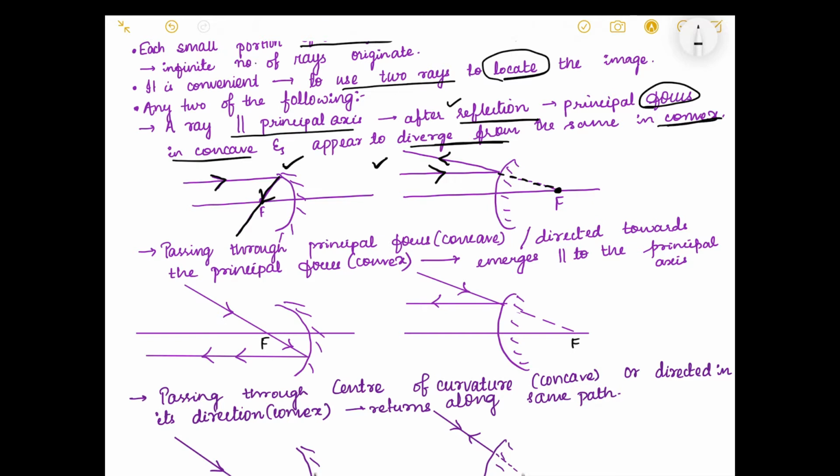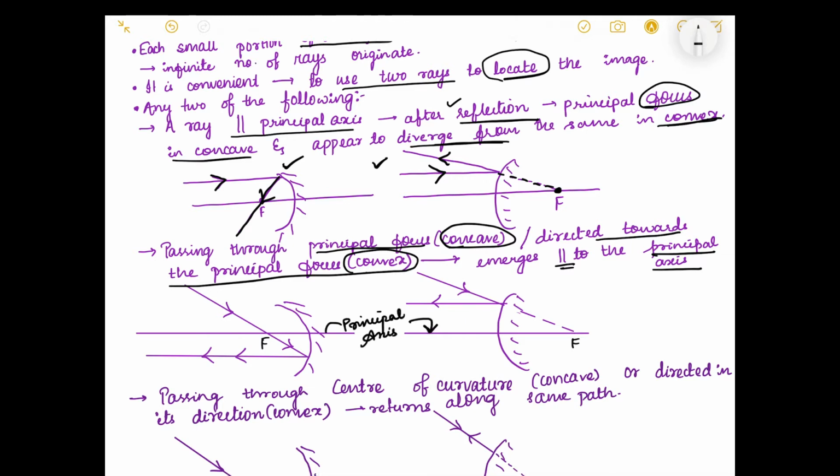Now the alternate of this is, suppose a ray passes through the principal focus of the concave mirror or is directed towards the principal focus of the convex mirror, then it emerges parallel to the principal axis. This is the principal axis here, this is the principal axis here. So consider this ray.